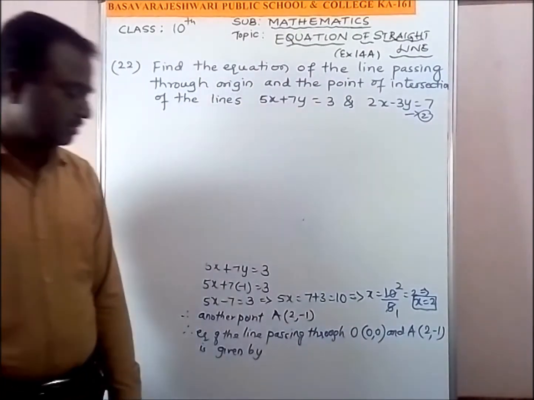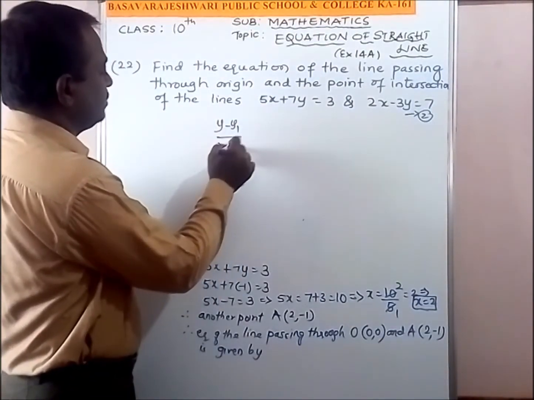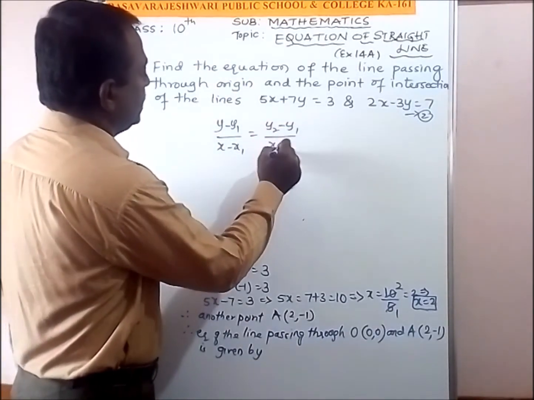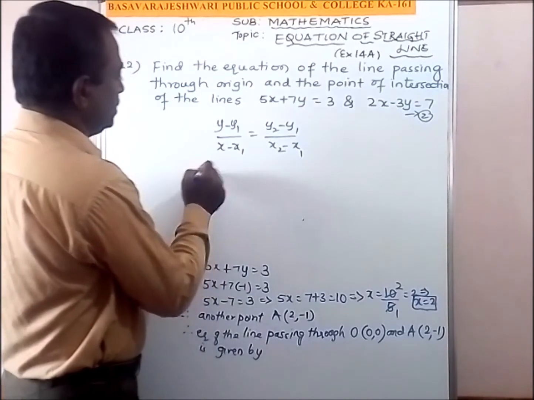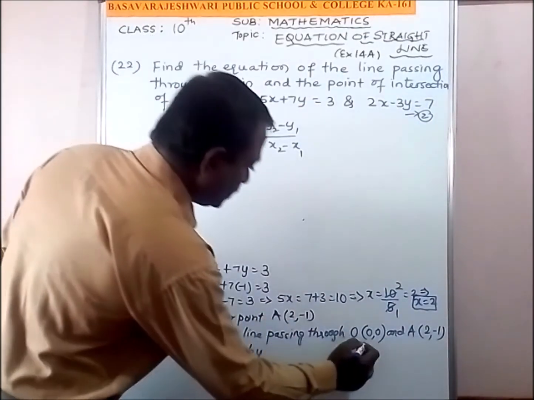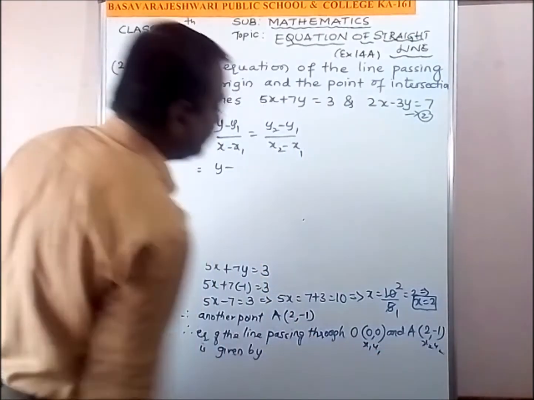It is given by (y minus y1) by (x minus x1) is equal to (y2 minus y1) by (x2 minus x1). This is x1 y1, this is x2 y2, we can take.